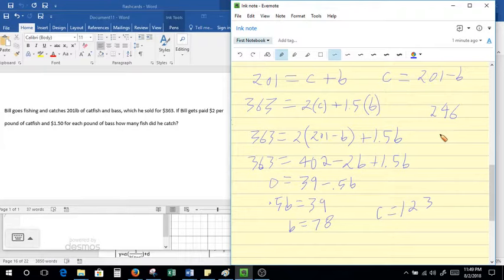And 1.5 times 78 is 117. 246 plus 117 is 363. We're good. We check out and the problem is solved.